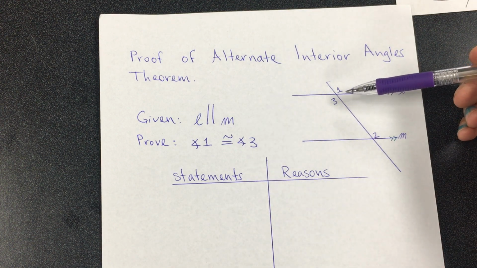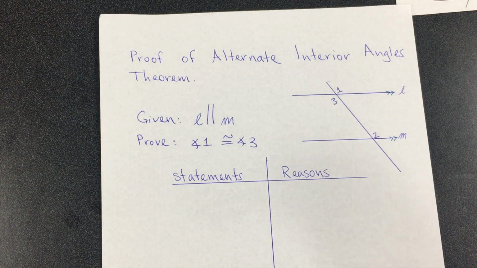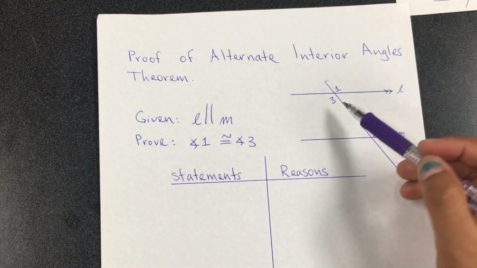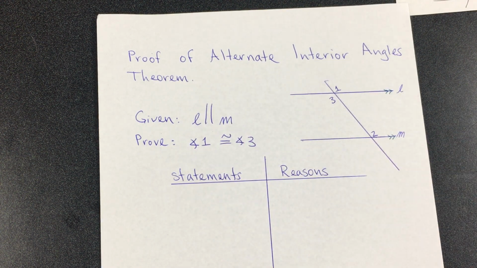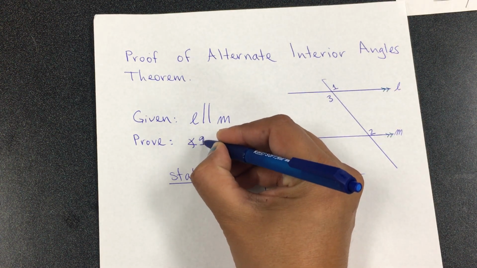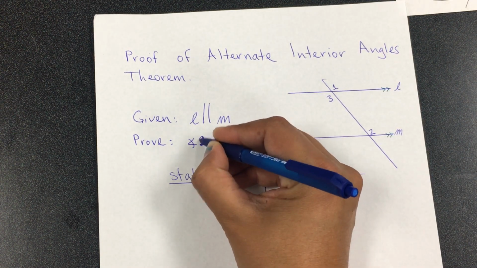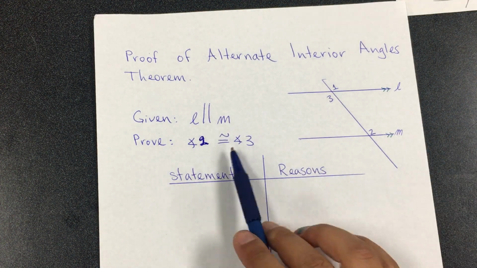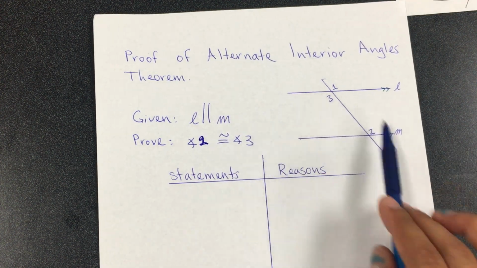So this is alternate interior angles, angle 3 and angle 2 actually. These are the alternate interior angles. So you're going to prove that angle 2 is congruent to angle 3.